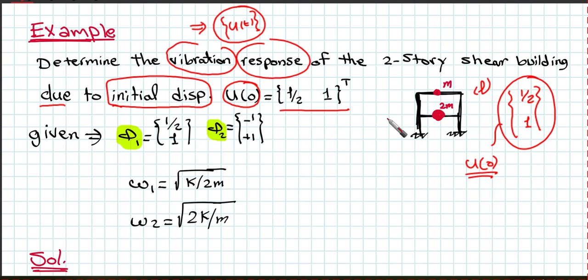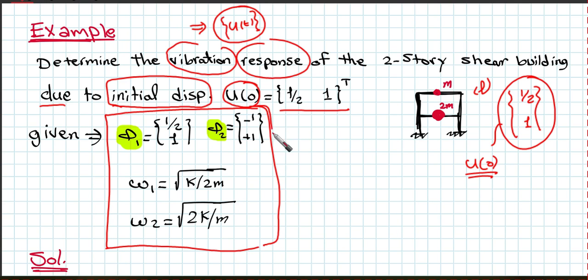Okay, so we need to know what the mode shapes and the eigenvalues are for our system. And remember well that commonly the modal amplitude, or the mode shapes, and the eigenvalue, or the natural circular frequency, are supposed to be in our hands before starting the solution.